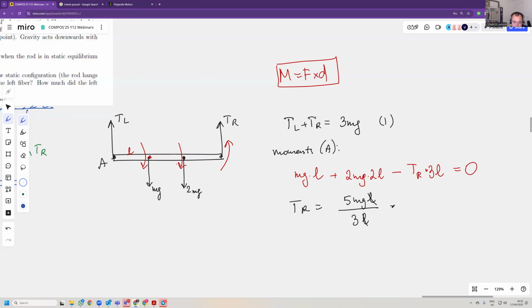So L cancels, so 5/3 mg. And TL, of course, is 3mg minus TR, which is 3mg minus 5/3 mg, which is 4/3 mg.